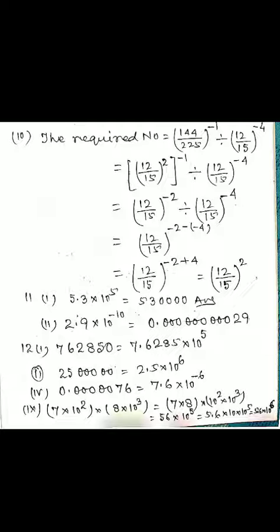So the decimal can be shifted by 5 digits. So it can be written as 5 3 0 0 0 0, that is, 53 followed by 4 zeros.